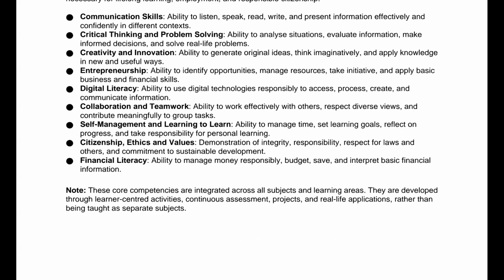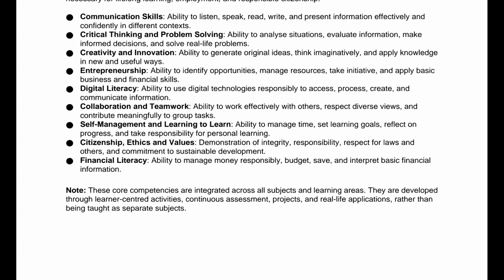Another core competence is collaboration and teamwork. This is the ability we want to impart in our students to work effectively with others. You don't want the students to just work alone, solo. Help the students to cooperate. Some students don't know how to work with others.